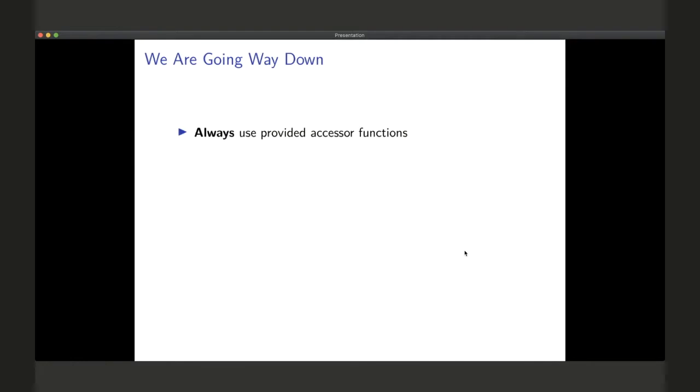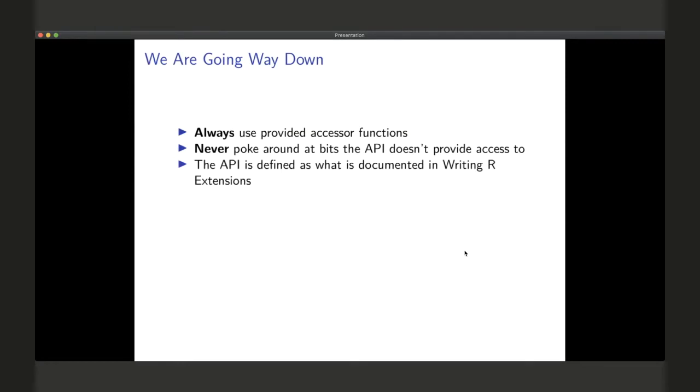So a few guidelines before we move forward: always use the accessor functions. Never poke around at bits that the API doesn't provide access to. The API is largely defined by what is documented in the R writing extensions manual. Now there's an unfortunate caveat here, which is that the ALTREP stuff hasn't actually been put in the R writing extensions manual yet.